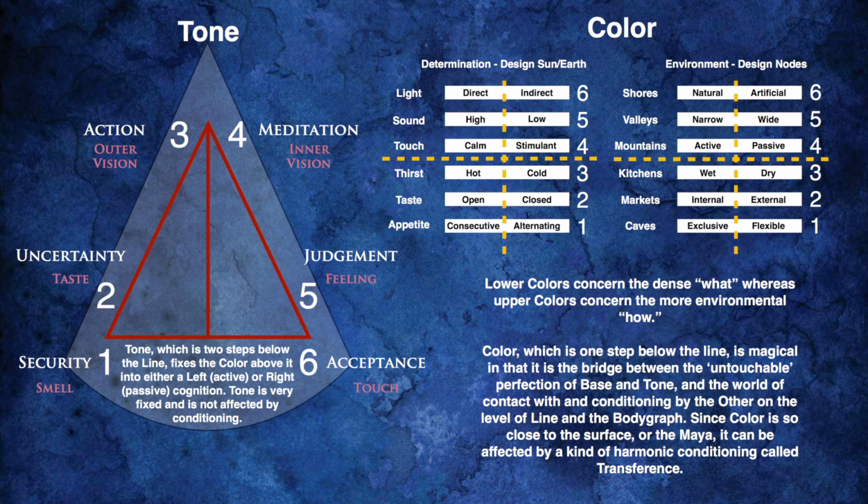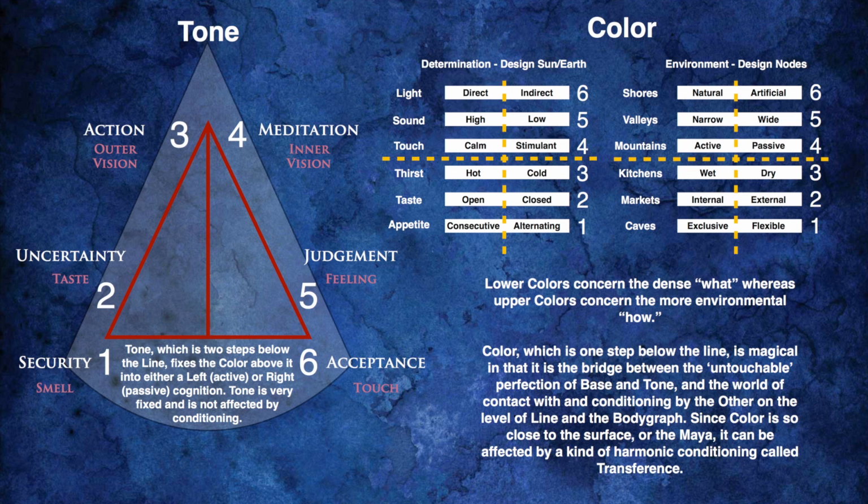We could look a little bit later at the transference that's possible with the personality Sun-Earth and the personality nodes, but since transference is so powerful with the design Sun-Earth and the design nodes, that's really where I'm going to be focusing, because it can be the most intense transference a person can get stuck in.